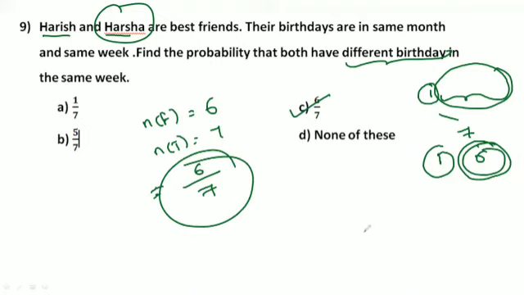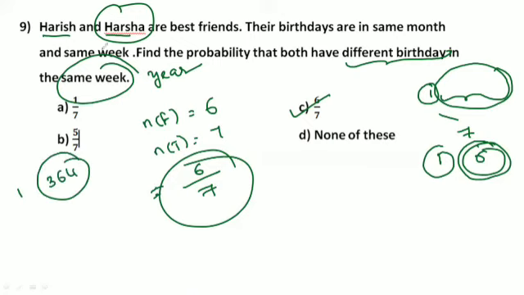For example, children, the same question he may ask you to find the probability that both have different birthdays in the year. Instead of mentioning same week, if he gives year, then if one day is the birthday of Harish, the rest of the 364 days, any one day may be Harsha's birthday, because there are 365 days in the year.